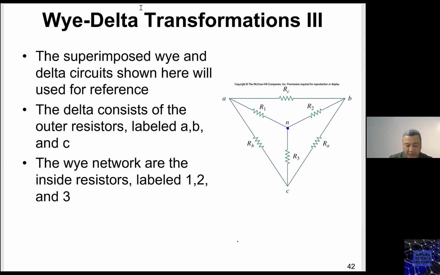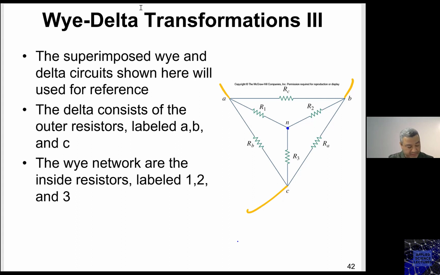So that shape that looks like a triangle, we call it delta. And remember, those ones are still connected in the circuit, part of the circuit. So how do we do the Wye-Delta transformation? The Wye-Delta transformation is done as the following.